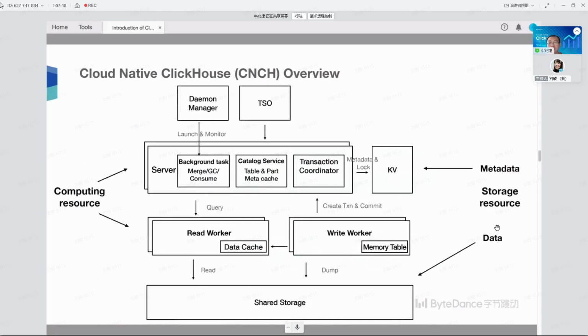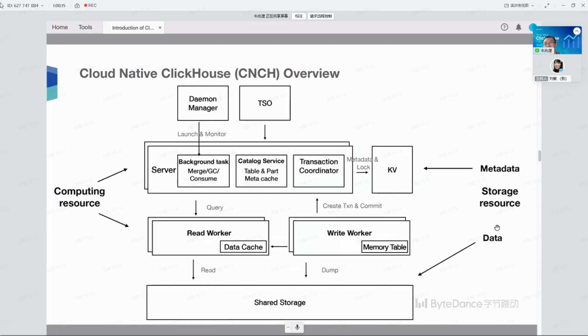Let's go to the next part and take a look at more details of our system. This is an overview of all the components in our system. Because there are many components, here we only need to care about two parts, shown on the left side and the right side. On the left side is the computing resource.